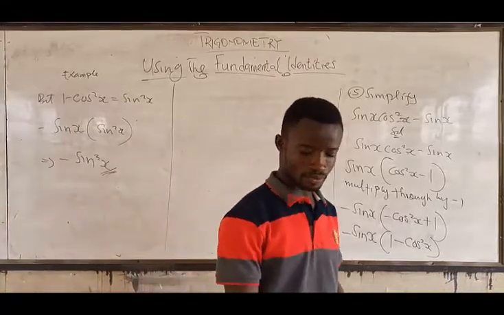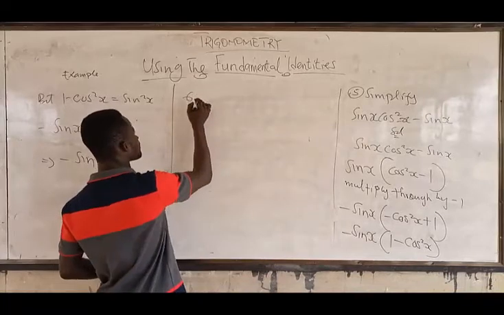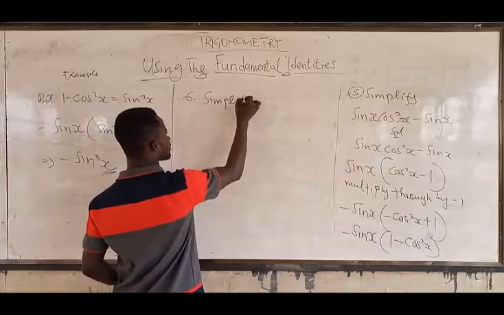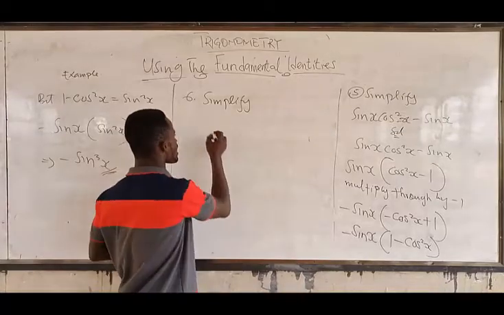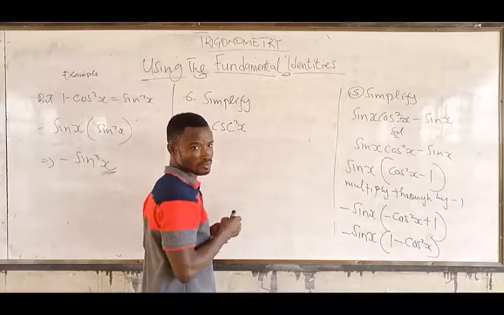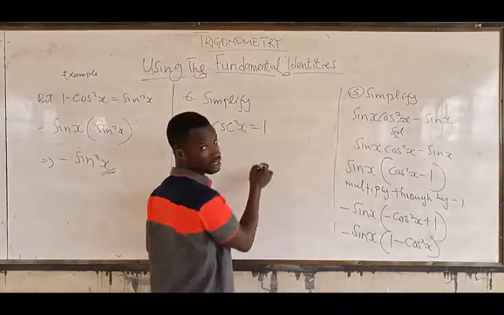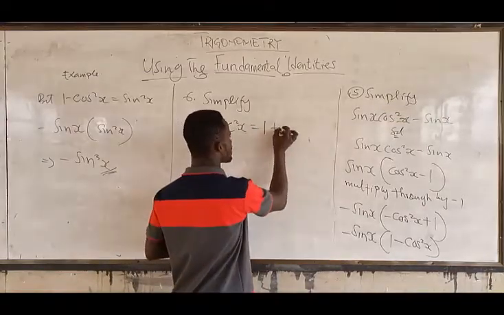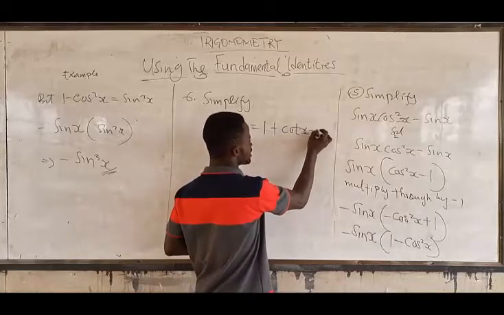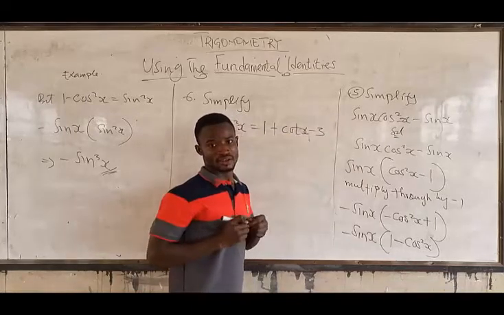And that is simplify cosec square x plus cot x minus 3. Very good.